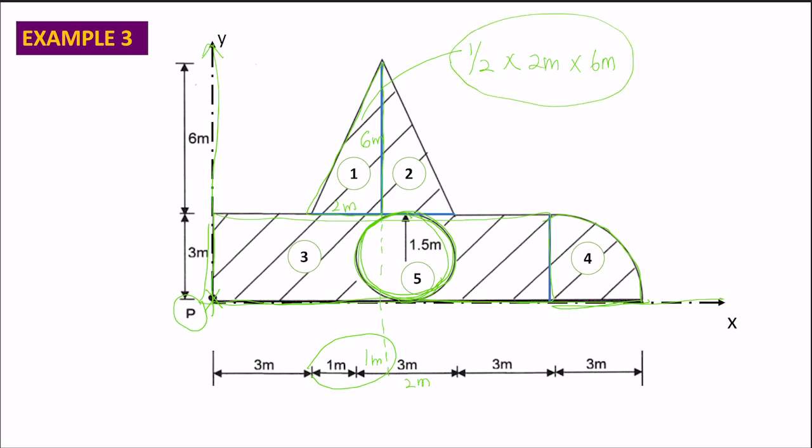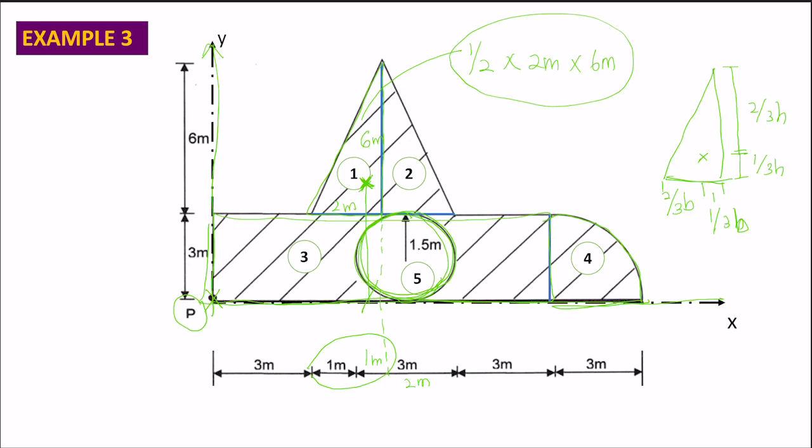And the distance from the centroid means kita nak cari x bar. Distance centroid number 1 to x-axis. For triangle, we have to understand that bawah ni 1/3 H, atas ini 2/3 H, 1/3 B, 2/3 B. Kalau dia pusing macam mana sekalipun, ini rules dia.